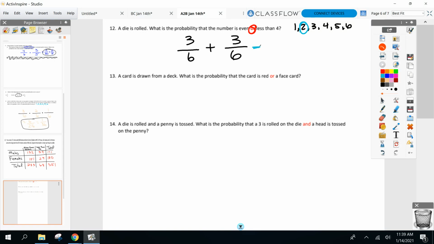So I need to subtract out 1 out of 6, which represents that 2. Guys, if you leave 3 out of 6 plus 3 out of 6, you're going to get a probability of 1. I don't think that's right. Every roll I do, it's going to be even or less than 4? No. So it's going to be 5 out of 6 here.